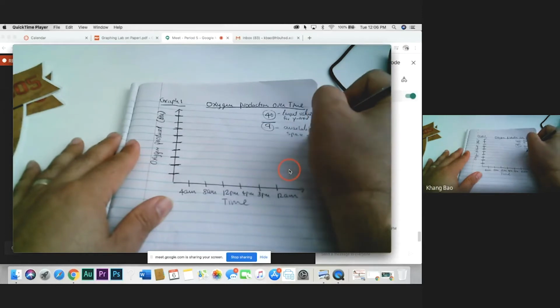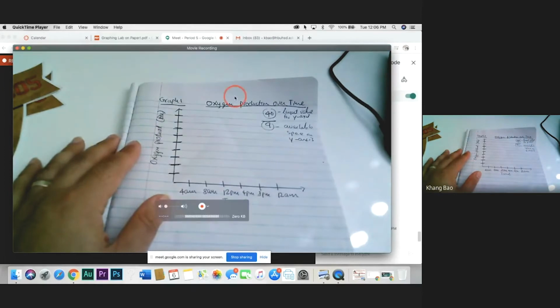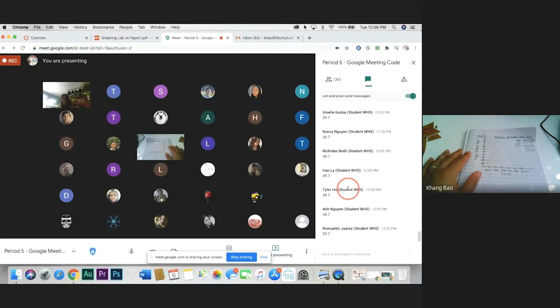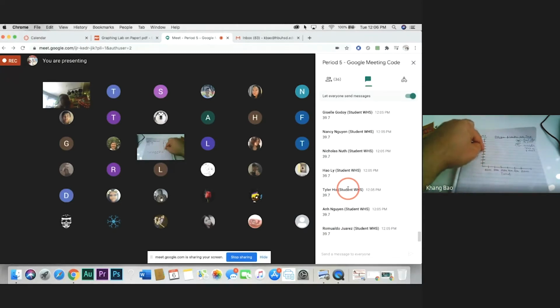Okay. Everybody in the chat box, can you tell me what is your available space on the y-axis? How many do you have? I have 9, but I'm sure not all of you will have 9. So what do you have? Let me know in the chat box.